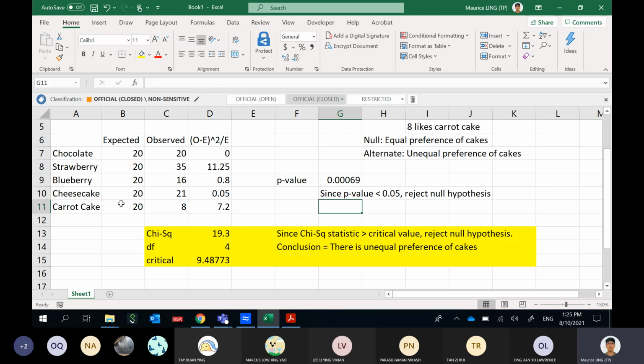The same conclusion, unequal preference. So exactly, that's how you do your chi-square test in Excel.